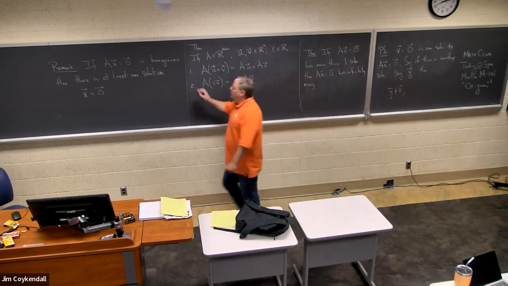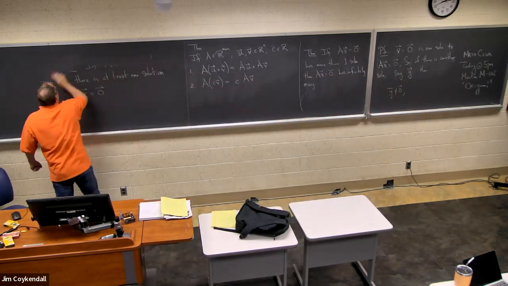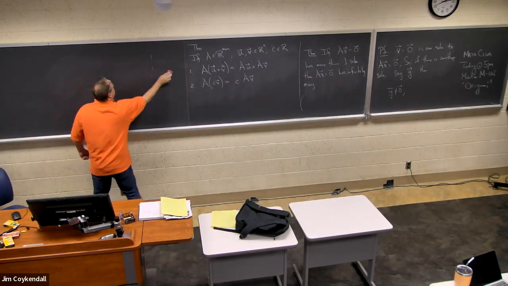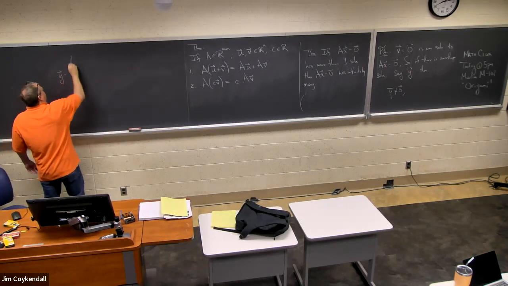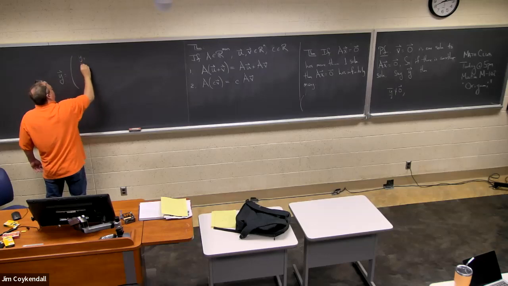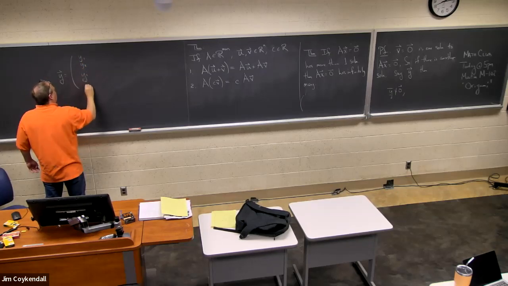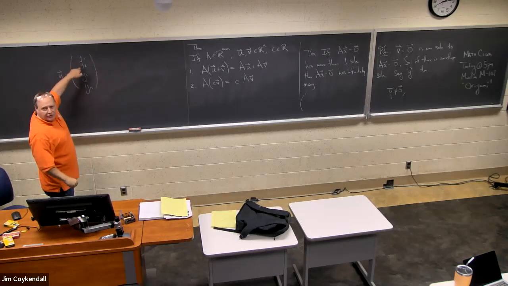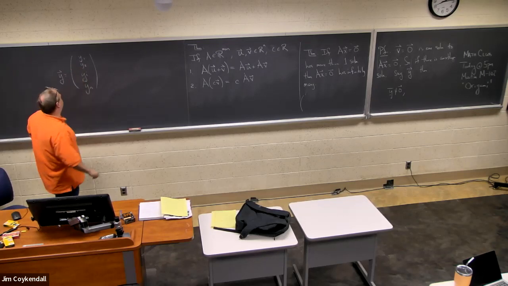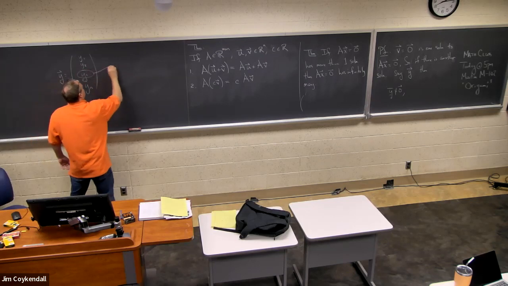So there's another solution y that's not the zero vector. And what does it mean to not be the zero vector? It means that at least one of these entries in the column can't be zero. One of them has to not be zero. We'll say this one, just for giggles.